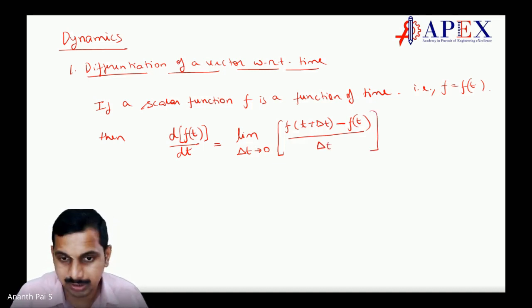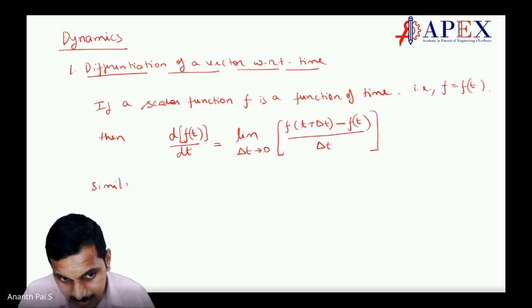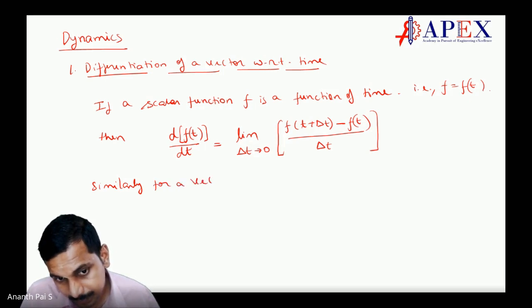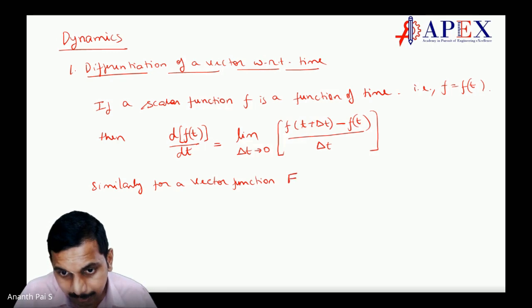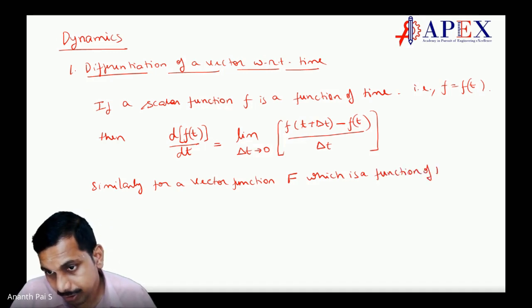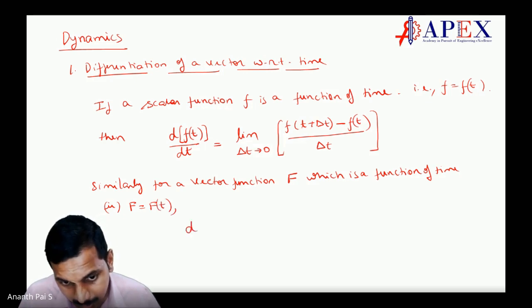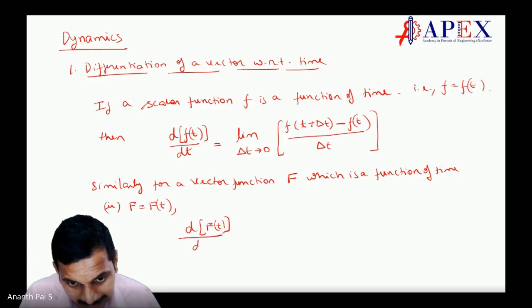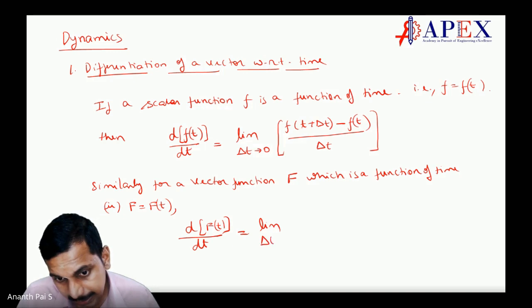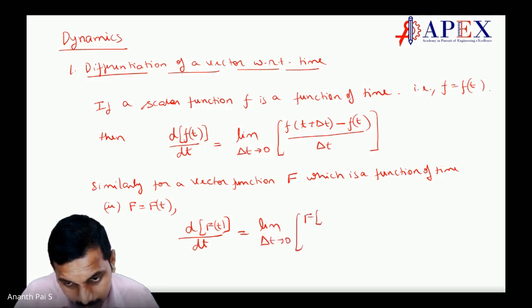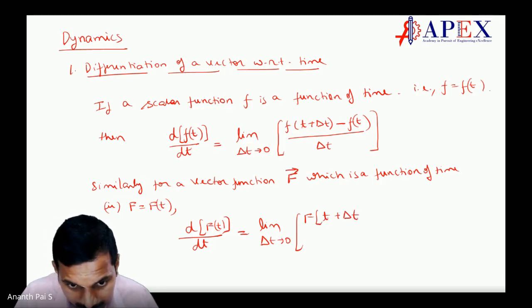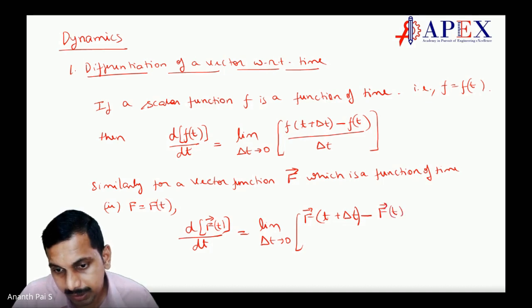Now what is important is it for a vector function. Similarly, for a vector function capital F, which is a function of time, that is F is equal to F of t, d of F of t by dt is equal to limit delta t tending to 0 of F of t plus delta t minus F of t divided by delta t.